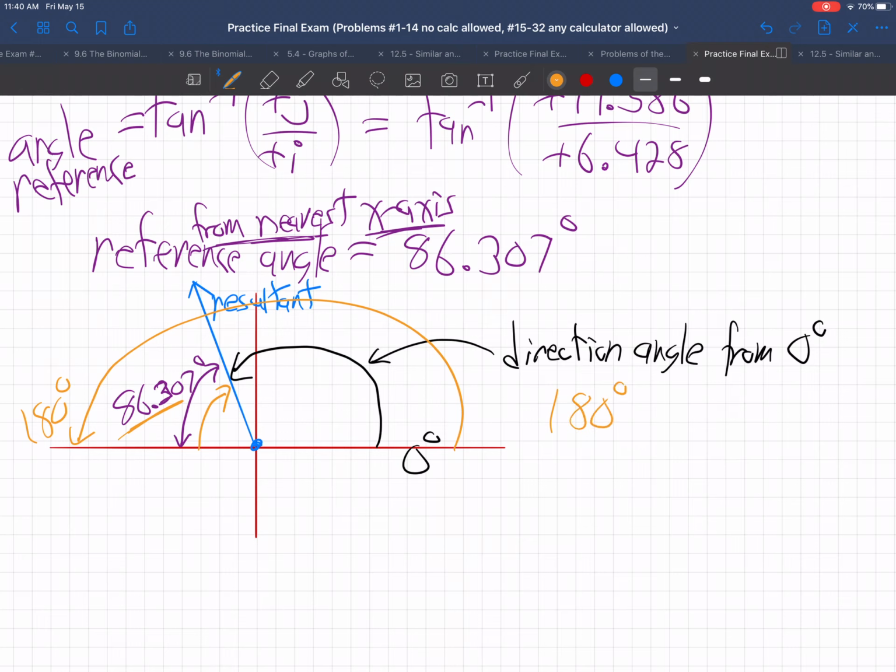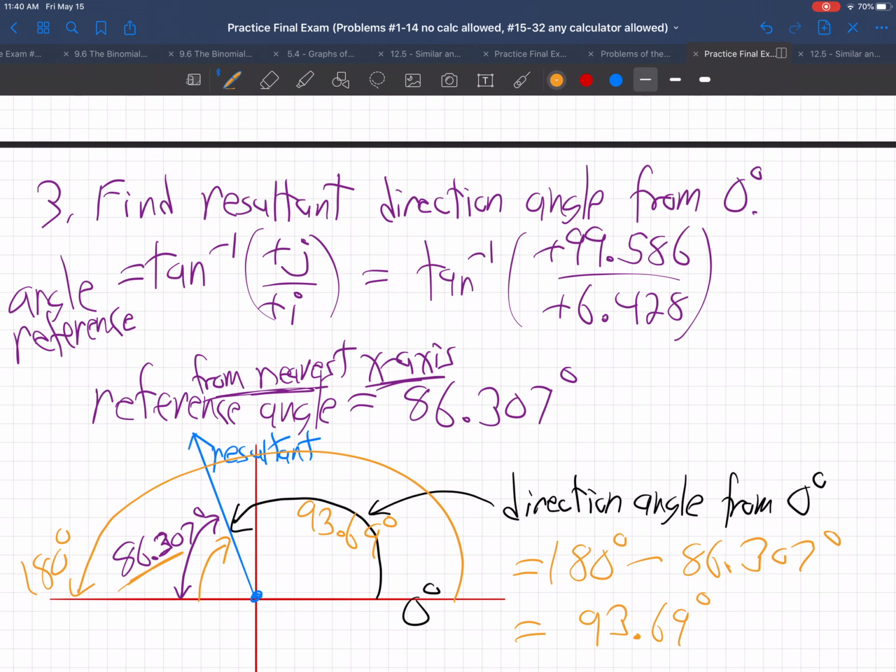So it's going to be 180, subtract 86.307 degrees. So what is that? Use your calculator. I'm getting 93.69 degrees. So this direction angle must be 93.69 degrees. Look, it makes sense. It's more than 90, isn't it? So that's the actual direction angle.